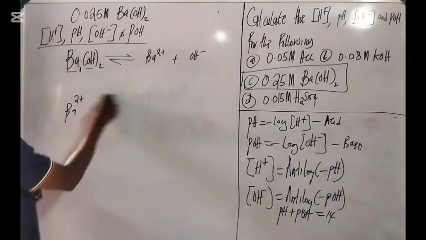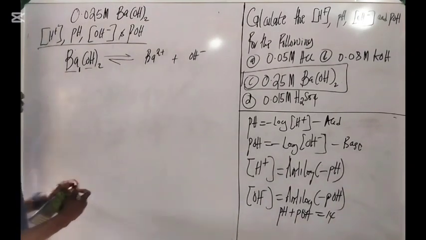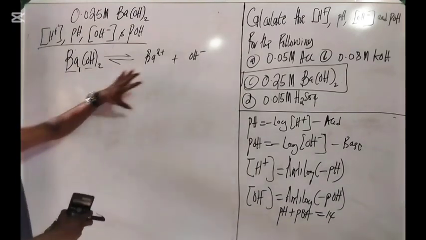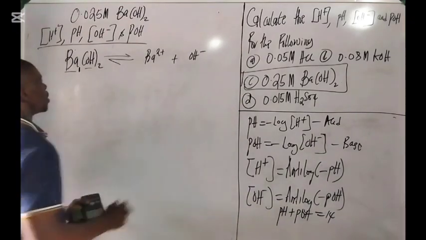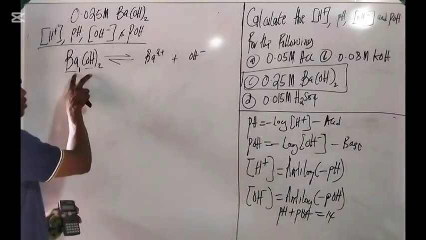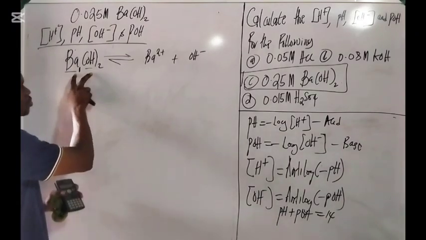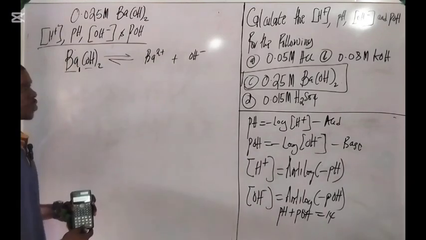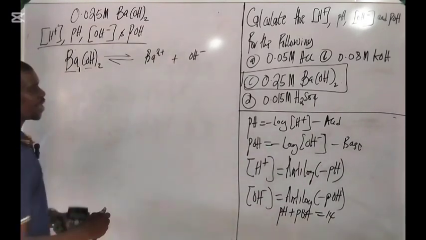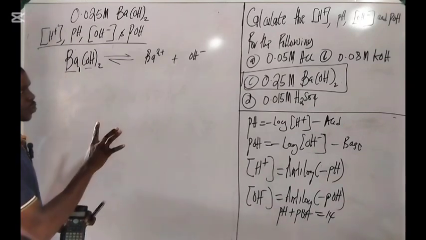So before you start solving this kind of question, first write out the ionic equation: when you split one into two, you split it into its various ions, Ba2 plus and OH minus.